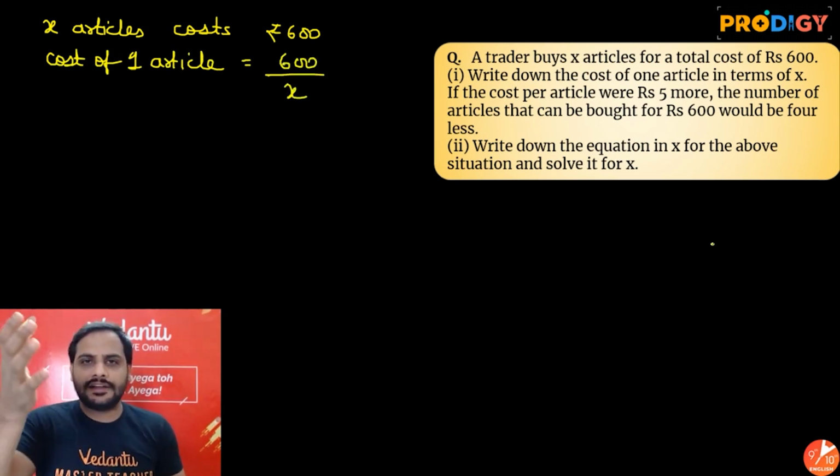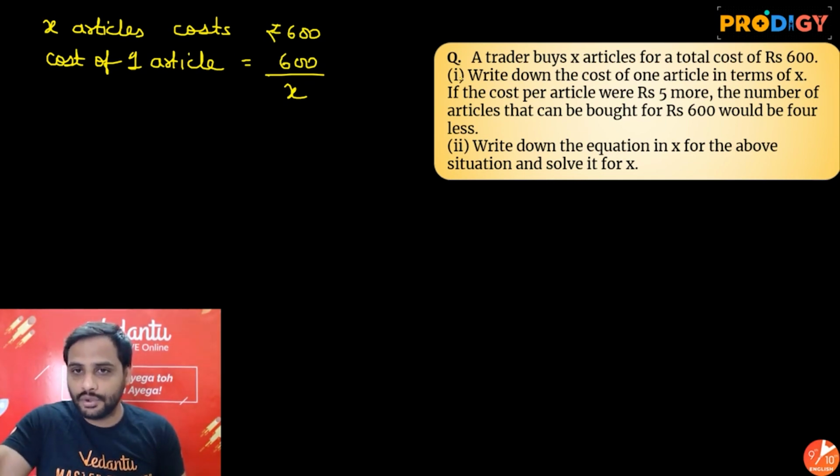Suppose if 10 articles cost 600, so one article will be 600 upon 10, same way 600 upon x. So this is the cost of one article. Okay, so the cost of one article in terms of x is 600 upon x. Now if the cost per article was rupees 5 more, the number of articles that can be bought for rupees 600 would be 4 less.